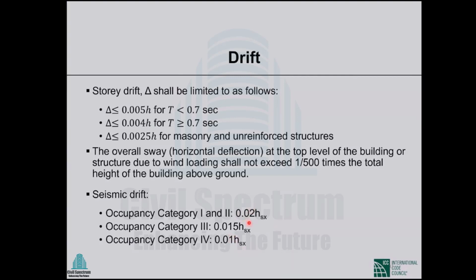We have to divide these numbers by some other number, more than one probably, in some cases, and it also depends on whether we are conducting a linear analysis or a non-linear analysis. So it depends on many other things. Please read those clauses carefully to actually be able to check these criteria.